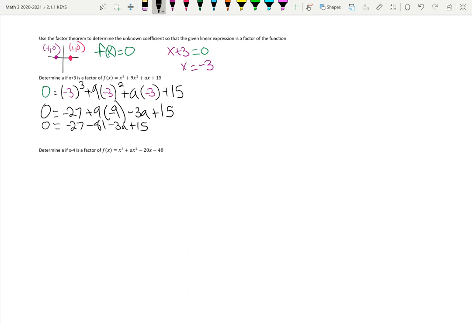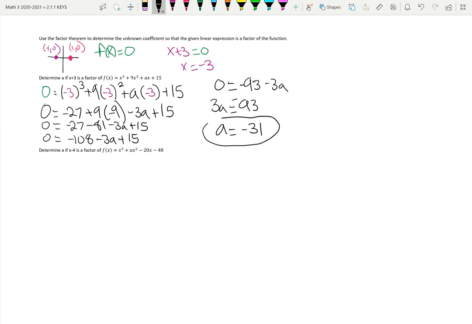Negative 27 and negative 81 together is negative 108 minus 3a plus 15. I combine negative 108 with 15. This leads to 0 being negative 93 minus 3a. I add 3a to both sides, leaving me with negative 93 on the right side. And now I divide by 3, leaving me with negative 31. So I found the a value.